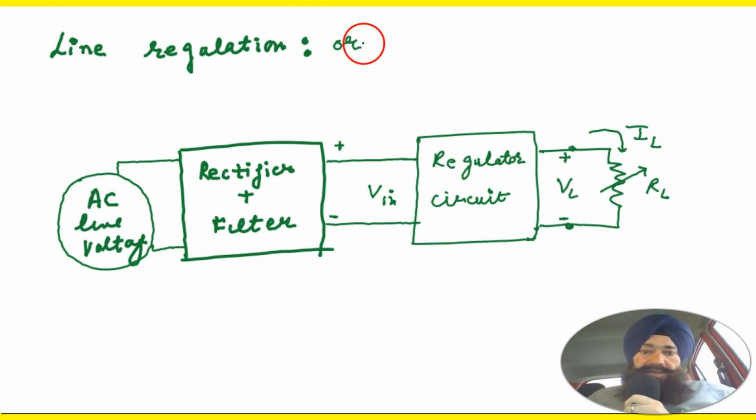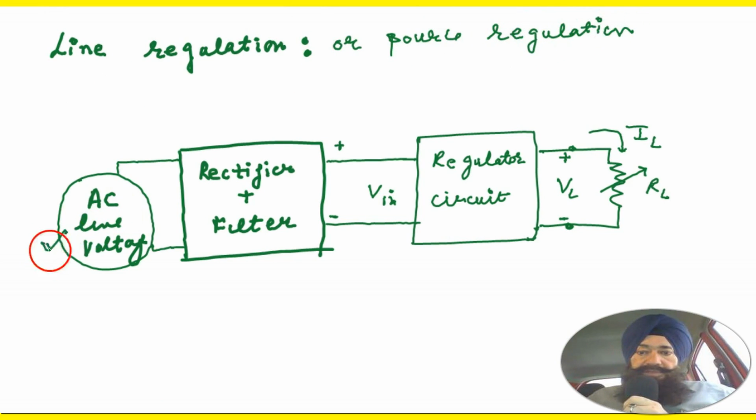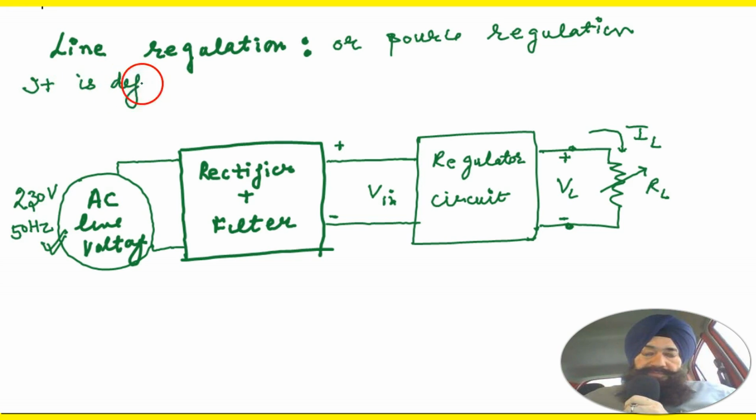So what do we mean by line regulation? Line regulation is sometimes also called the source regulation. Let the voltage be 220 or 230 volts with 50 Hz frequency.